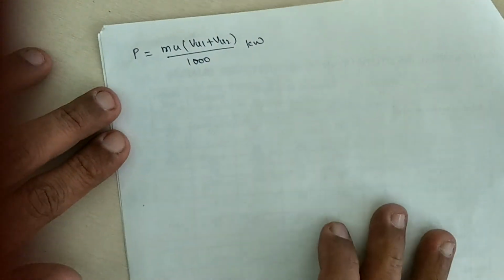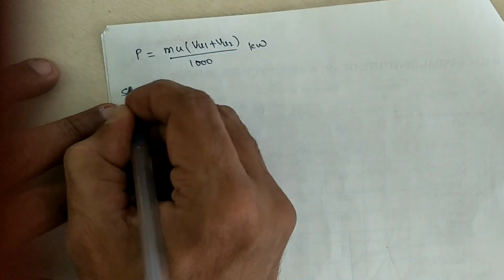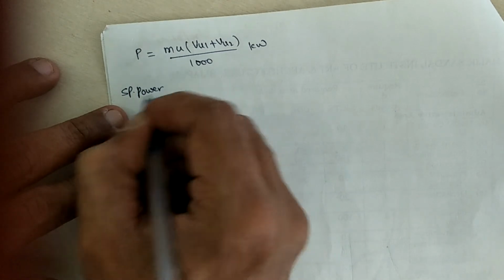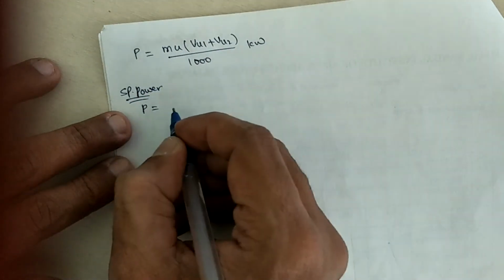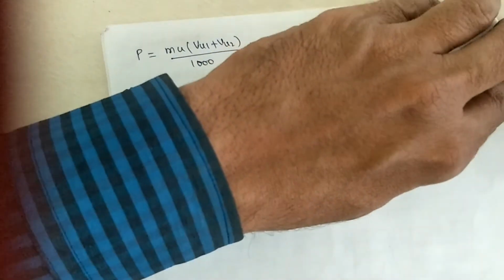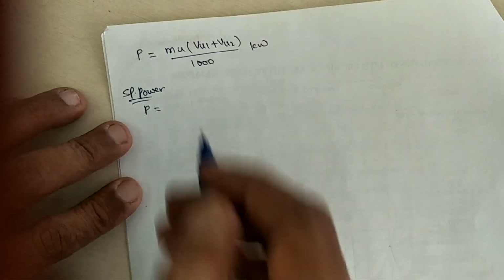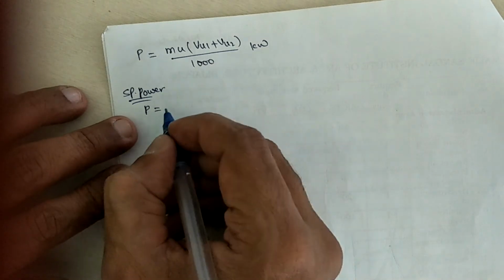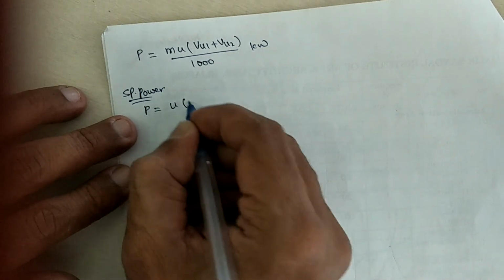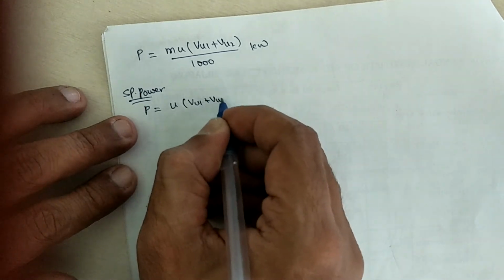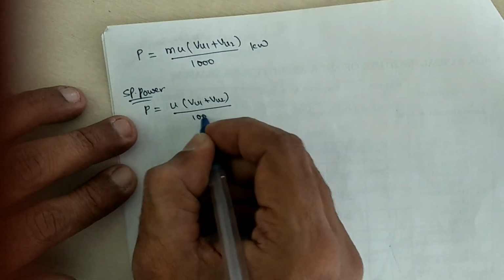This is the general equation for power. For specific power, m gets cancelled, because we calculate the power for a mass flow rate of 1 kg. So the equation will be u into (VU1 plus VU2) divided by 1000.